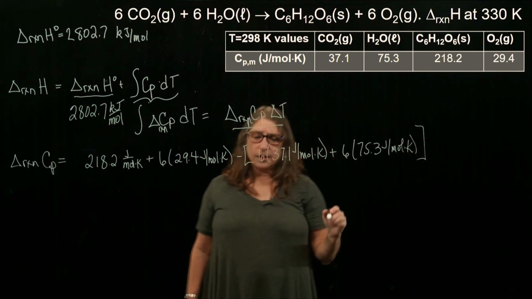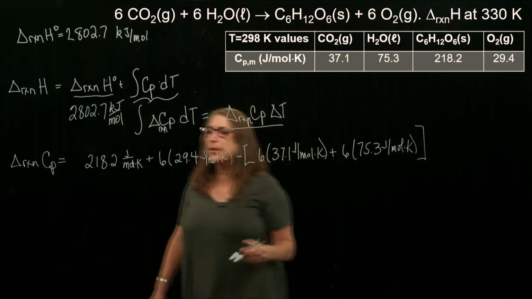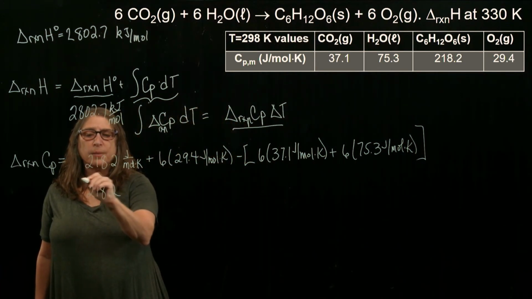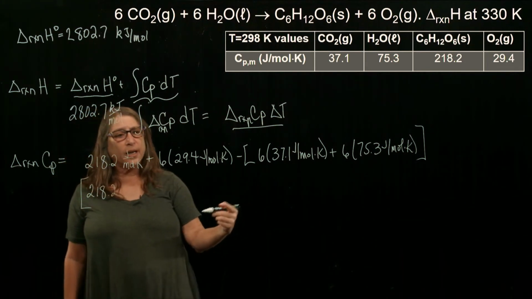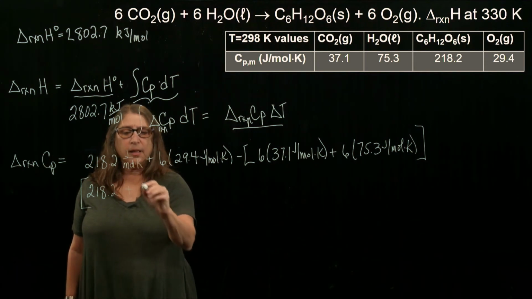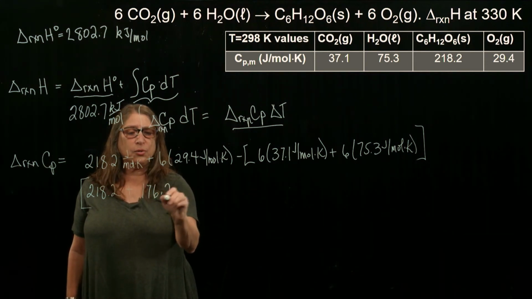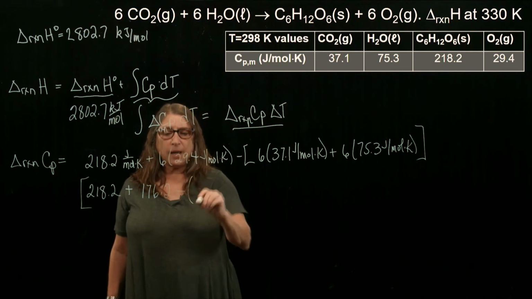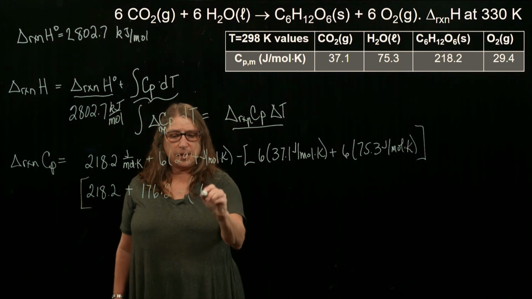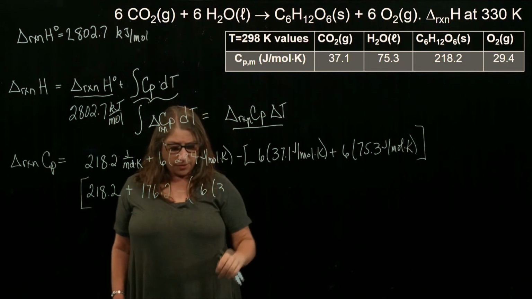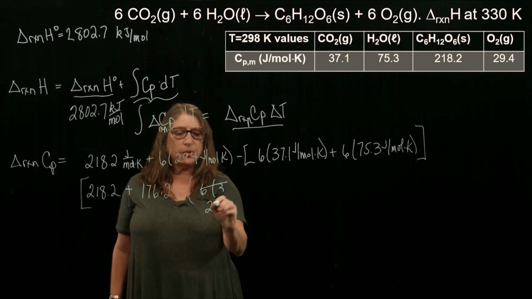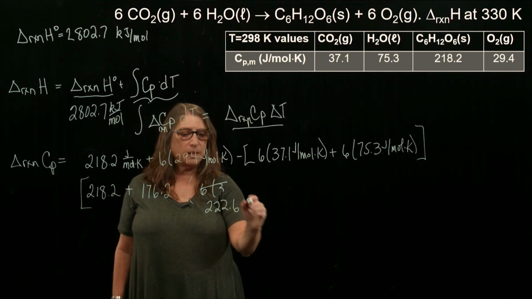And so I need to get out my handy dandy calculator, and this is 218.2. I'm going to put the units at the very end just to save on writing. I'm going to add in 176.2 for the oxygen. I'm going to subtract off 6 times 37.1, which is actually 222.6.